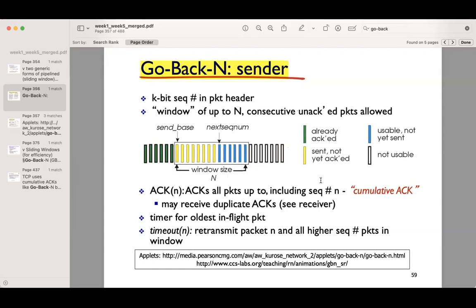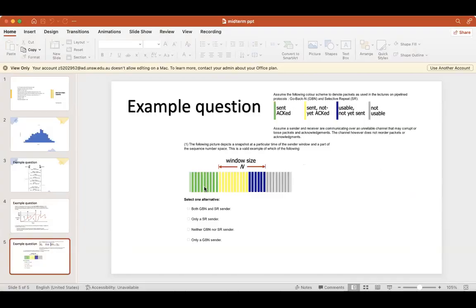We always test this kind of stuff with this kind of graph. And let's try to do this one. I have a question for you right now. Okay, this one. Example question. This one is also a real question in the midterm exam. So try to answer this one.